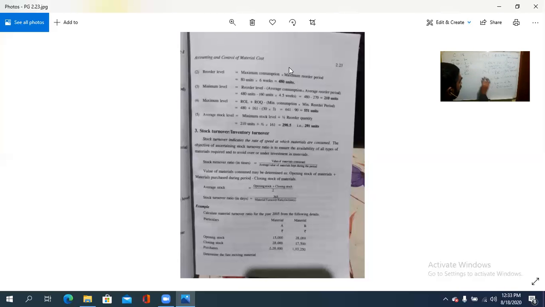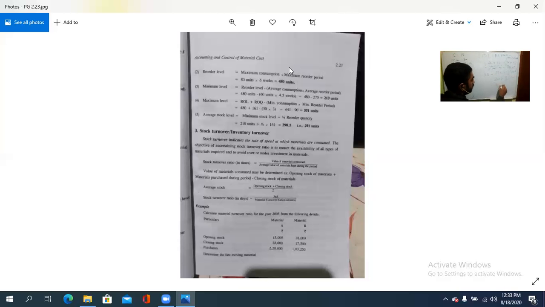Next is what? Average level. Average stock level is equal to minimum level plus 1 by 2 of ROQ or EOQ. Minimum level is 210 units plus 1 by 2 of 161.